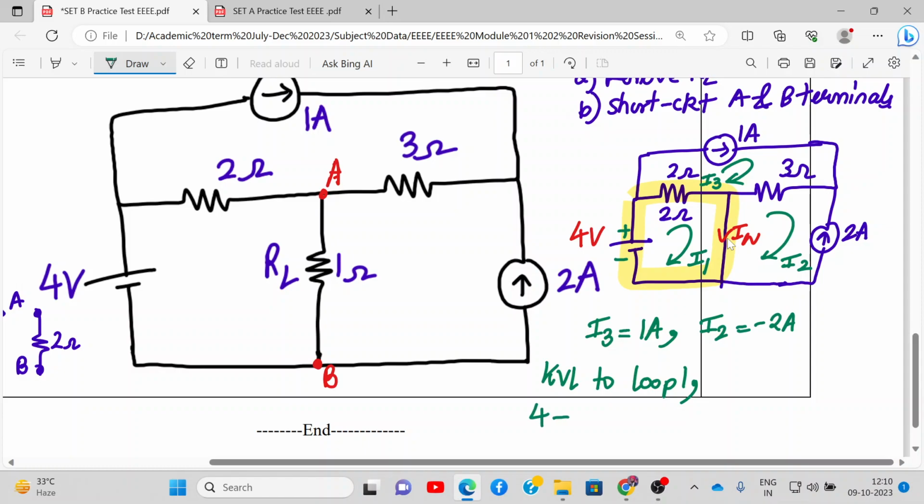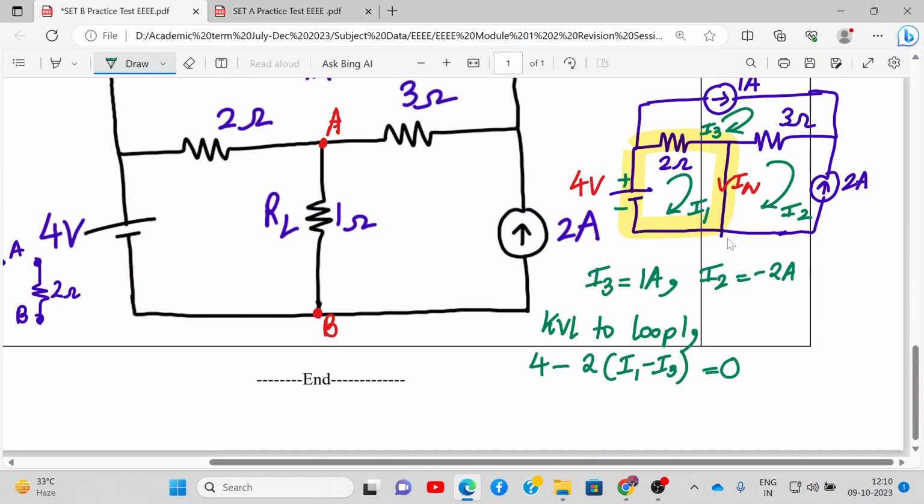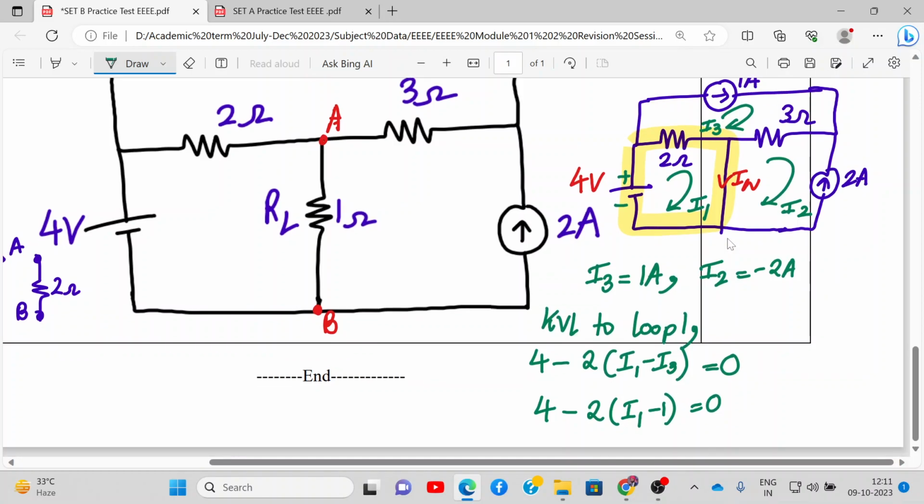So we write 4 minus 2 times (I1 minus I3), which is the 2 ohm resistance, and that is equal to 0 because here there is nothing, this is a short circuit. Now, I3 is already given as 1, so 4 minus 2 times (I1 minus 1) equals 0. So from here we can find the value of I1.